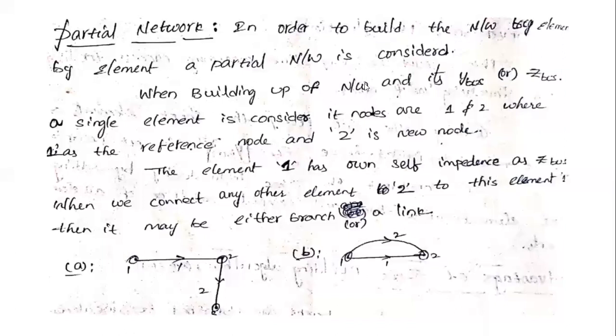When building up the network and its Y-bus or Z-bus, a single element is considered, and its nodes are 1 and 2.